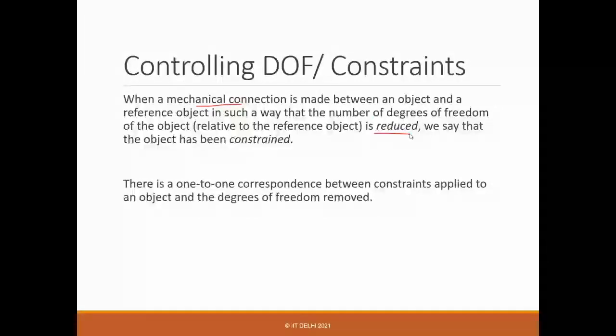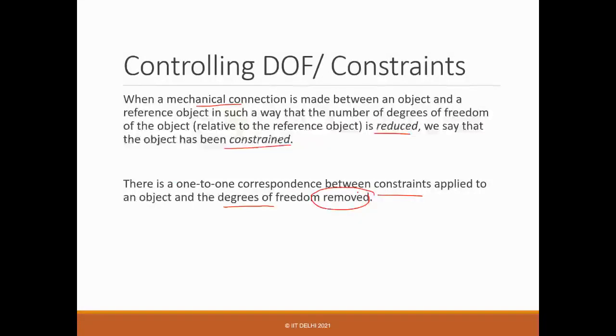They can move easily in space, but the moment you connect them, the way they get connected puts constraints on each other, and that's why we say the object has been constrained. There is a one-to-one correspondence between constraints applied on an object and degrees of freedom removed.